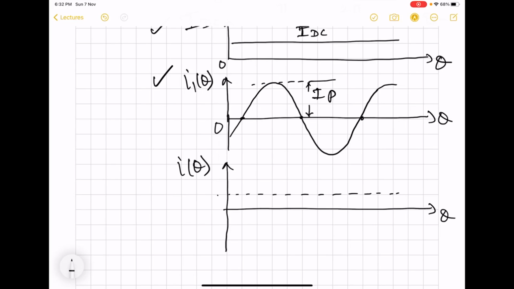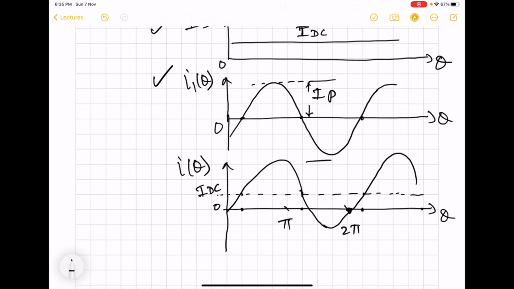This is basically an offset sinusoid, and this is the waveform for the total current.